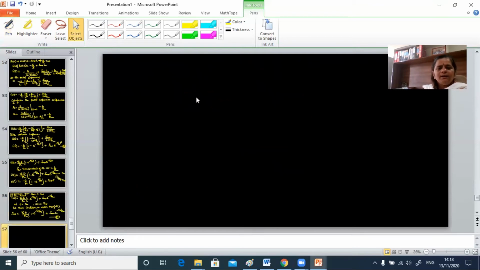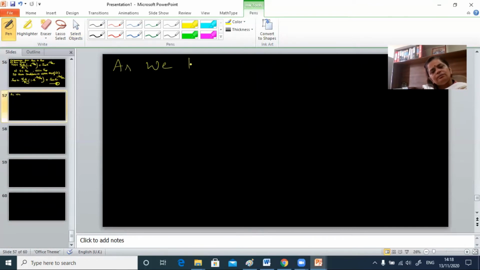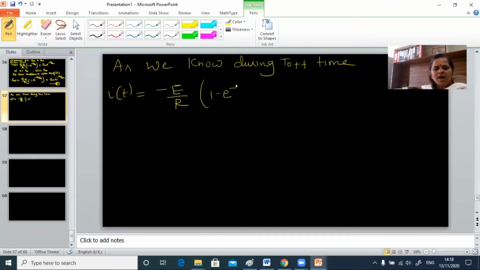Now again, as we know, during turn off time, the expression of current i(t') that we have calculated is minus E by R times (1 minus e to the power minus t' by τ) plus I max e to the power minus t' by τ.